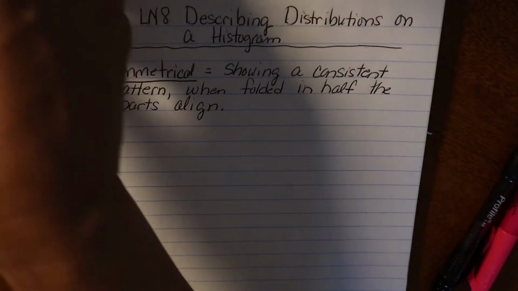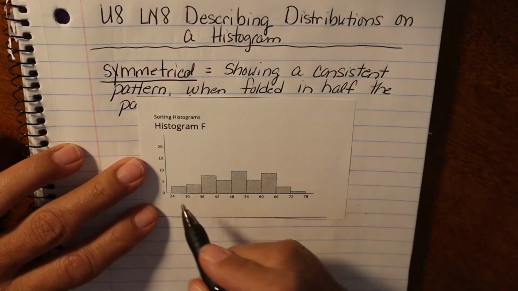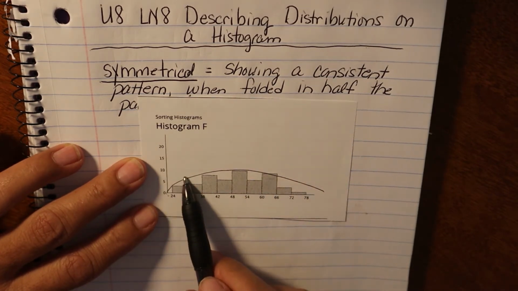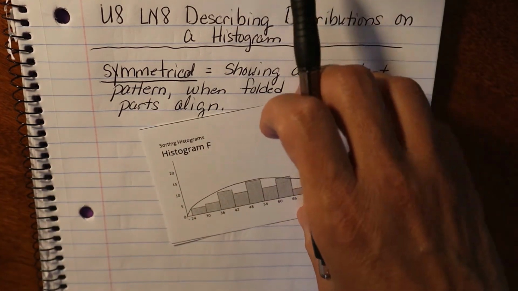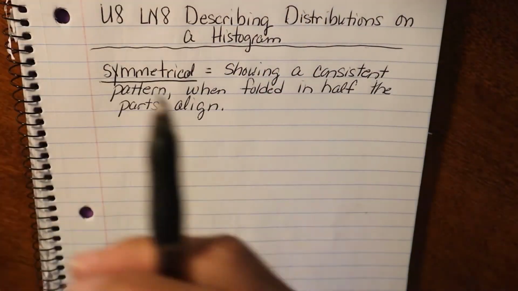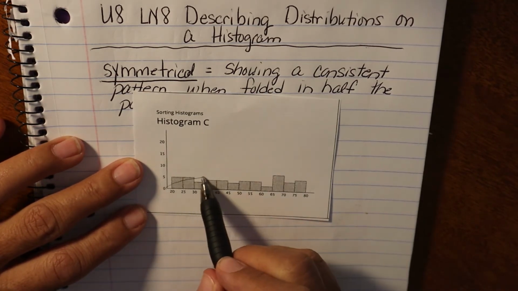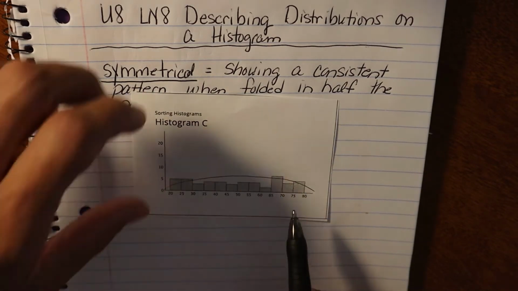Another example of a histogram that has symmetry: a little bit of a lower peak, not super high, but again, starts low, gets gradually higher, ends low. Here's one that is symmetrical. It's not super exciting. It doesn't have much of a peak at all, but again, if you were to fold it together, it would look very matching.